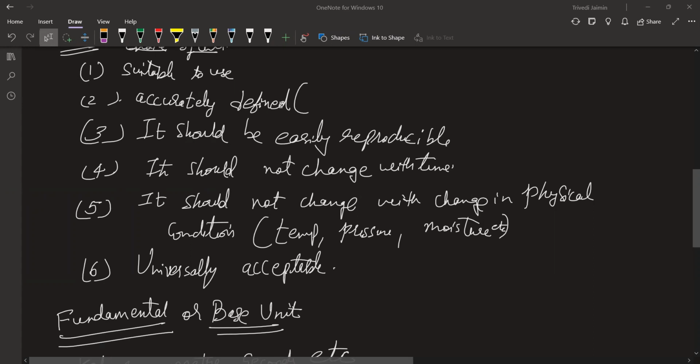Same way for mass, it will come to our mind that it is kilogram. We have centigrams, milligrams, micrograms, and even 1 ton, but we are not using those. We generally use the standard of 1 kilogram. So we are easily reproducing it. Yes, sir, got it.